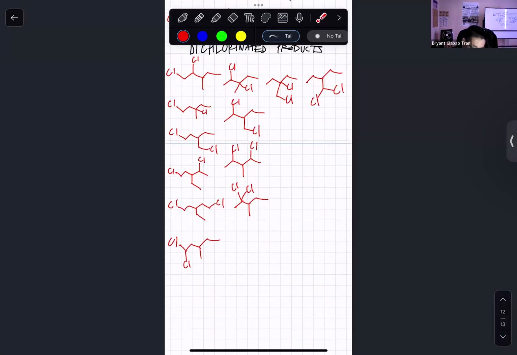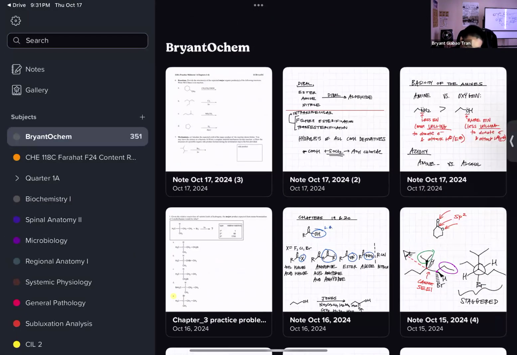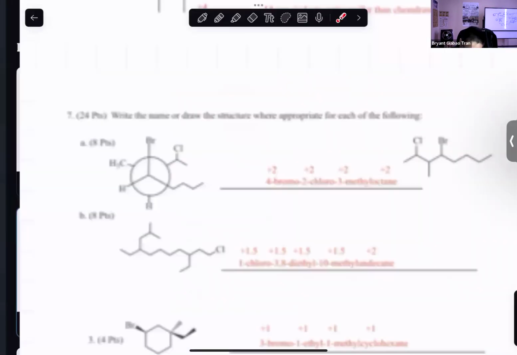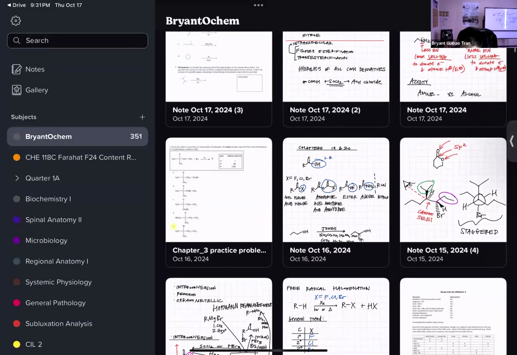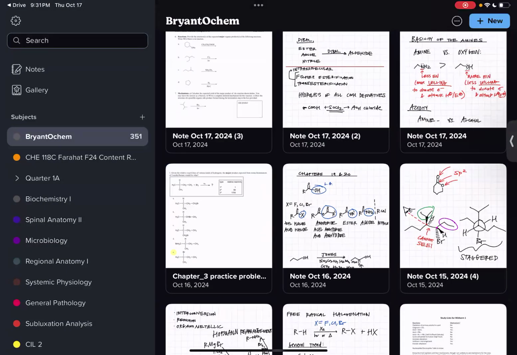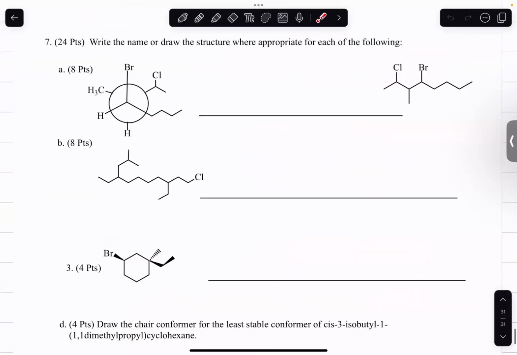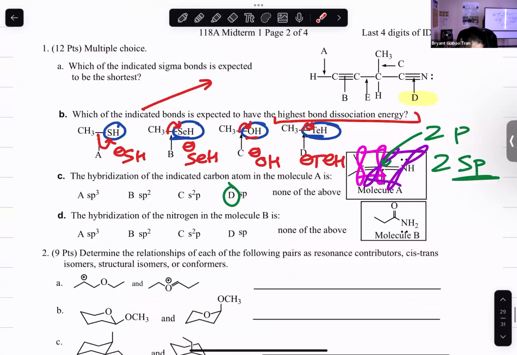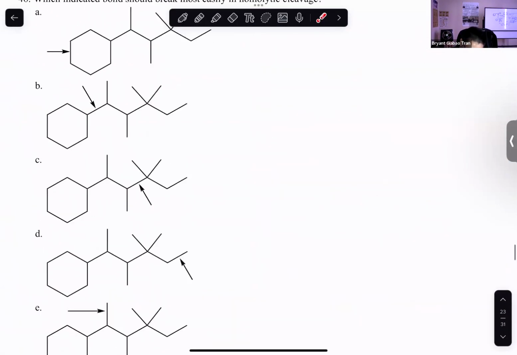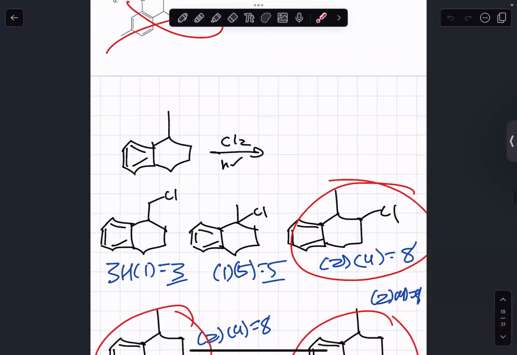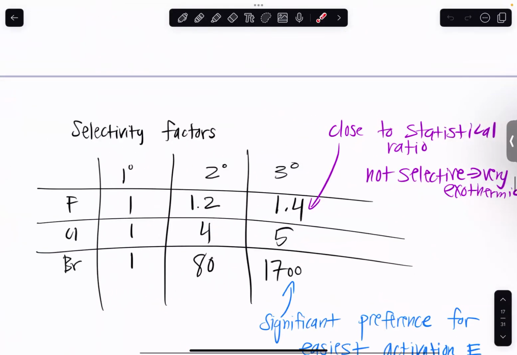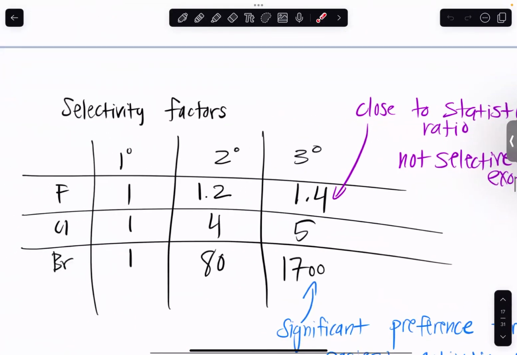Remember the chart I gave you? Did he give you the same reactivity table, or did he use different numbers? Or did the chief give you a table for that? Which question? The last question you sent me on Discord, the relative percentage. Oh yeah, it says on here primary 1, secondary 3.9, and tertiary 5.2.